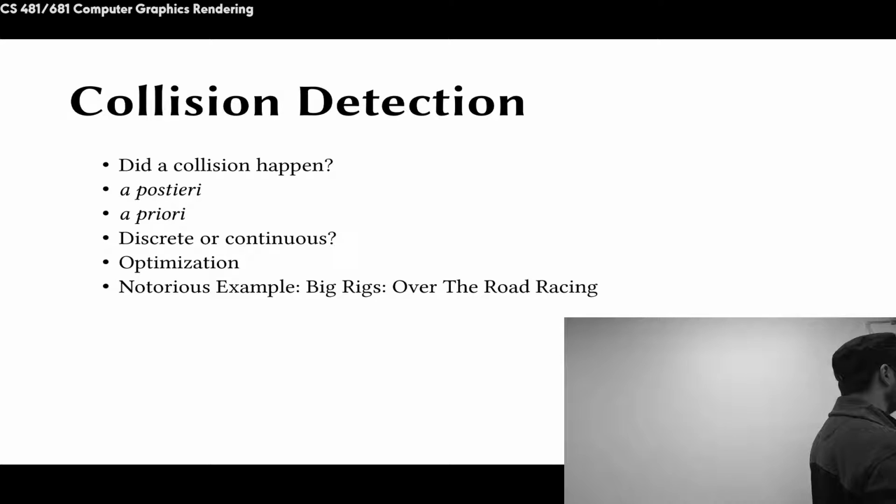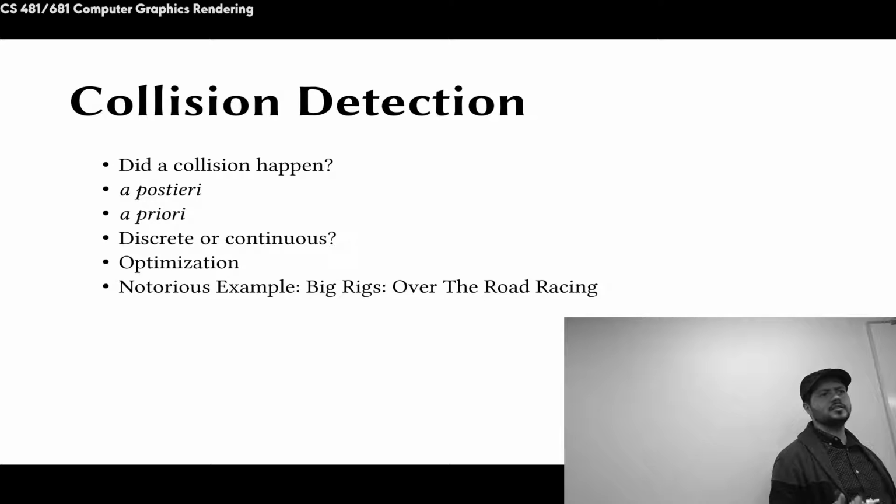Now here's how a priori would more likely be implemented. We have a barrier. We have the same object moving in this direction. Now we need to see, based on the characteristics of the way this object is moving, where it is going to be on the next frame.